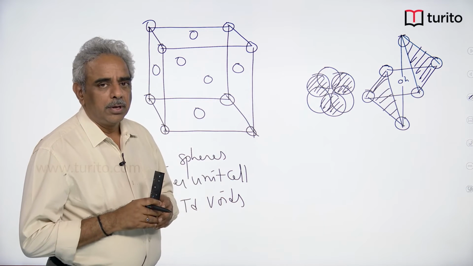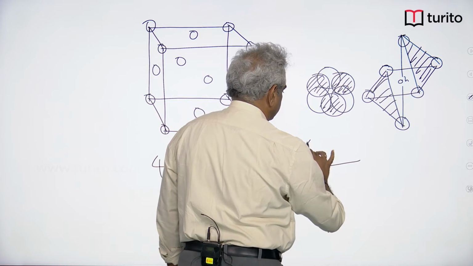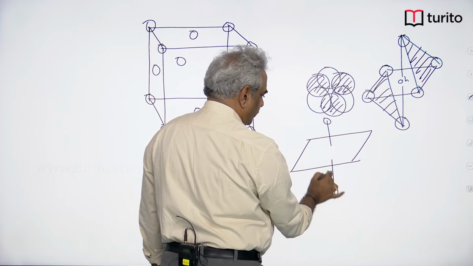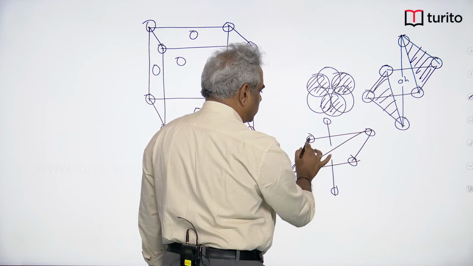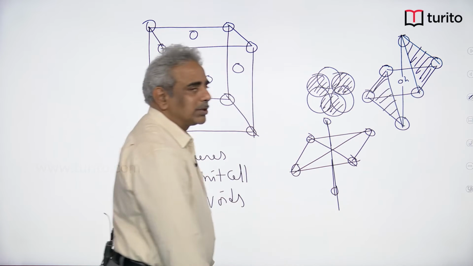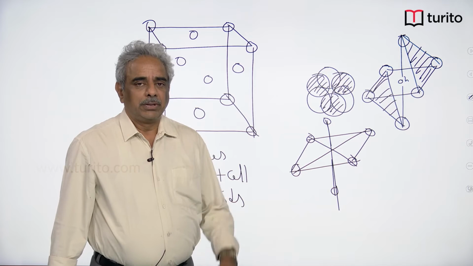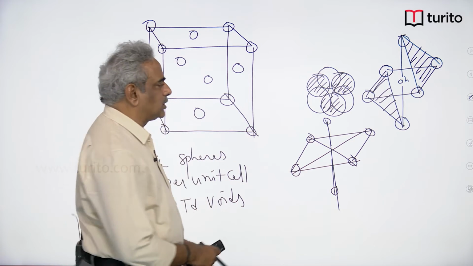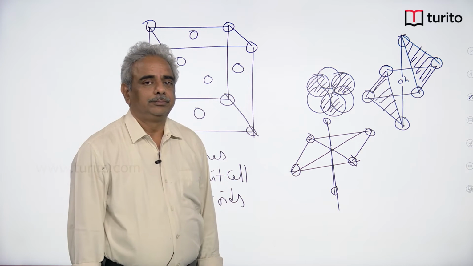So whenever you see such an environment, top and bottom, left and right, back and front, if you see such a cross section of 3 mutually perpendicular lines, if you find any cross section, you can call it an octahedral void.